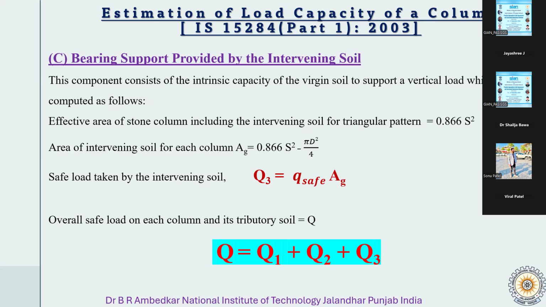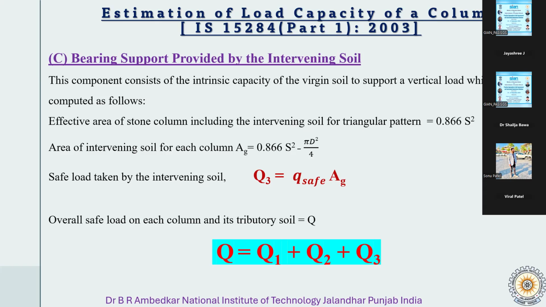If we are using the triangular pattern, then we will use it as 0.866 s square, and if it is a square pattern, then it is 1.0 s square. So again, design calculations are repeated till there is convergence of the assumed and the calculated column spacing. Then one or two trials may be required, and then only we can find out the spacing.